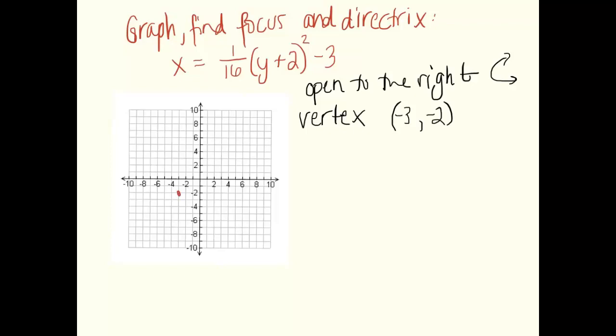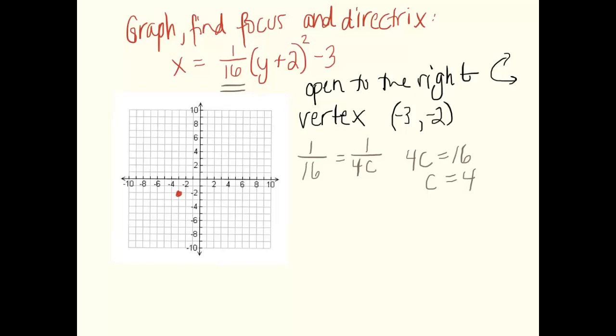So there's our vertex. The next thing I'd like to figure out is our c value. We know that a, in this case, is 1/16. Remember from the previous slide that a is equal to 1 over 4c. If I solve this, 4c equals 16, so c is equal to 4.